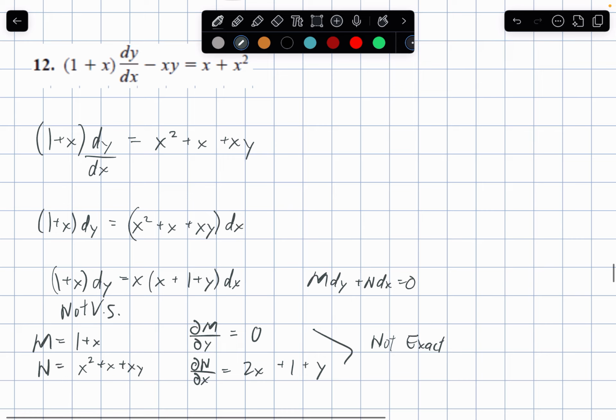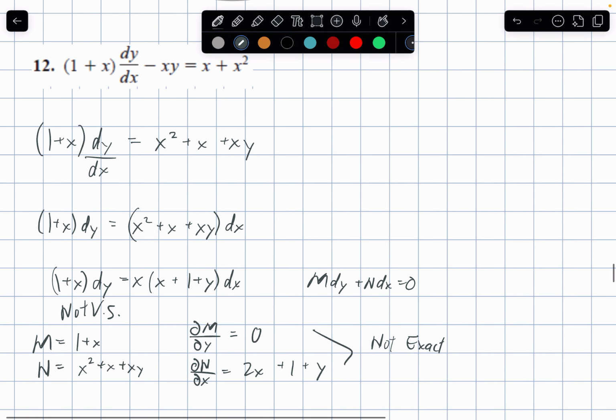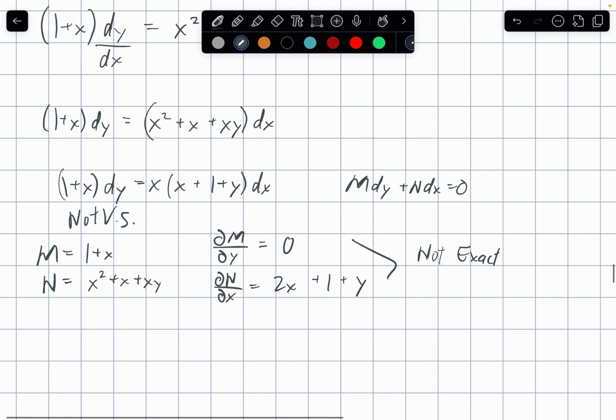So let's solve using the linear approach. Where do we start? You want to test first if it is linear in y or x, the two variables we have. Right now, I think it is linear in both x and y. Let me just verify that.